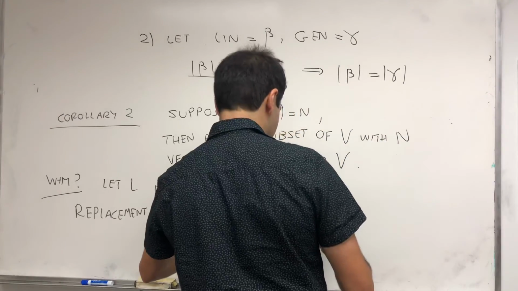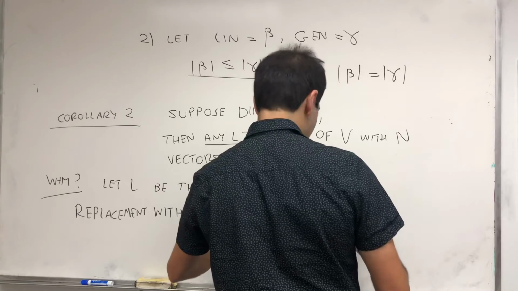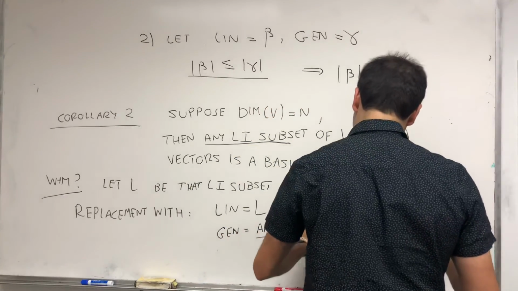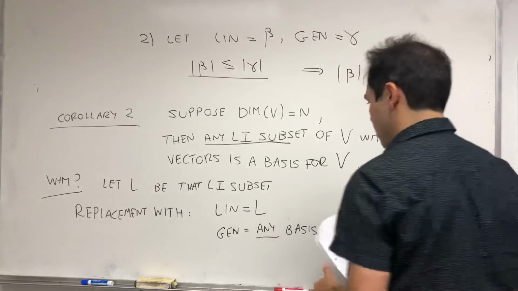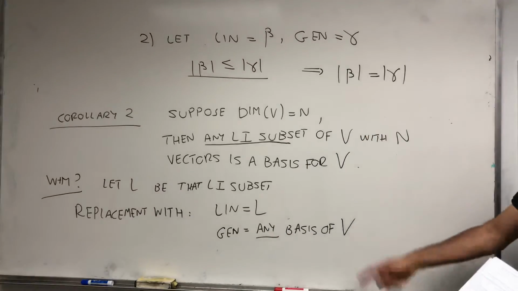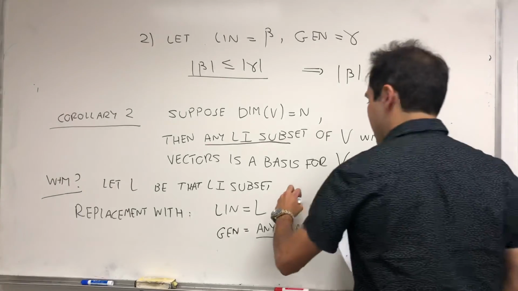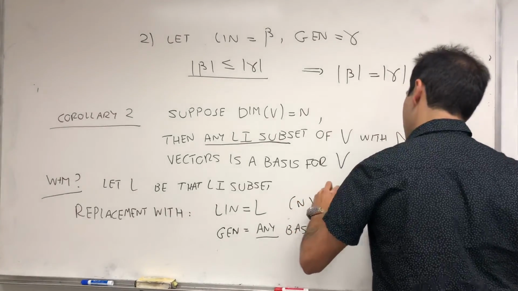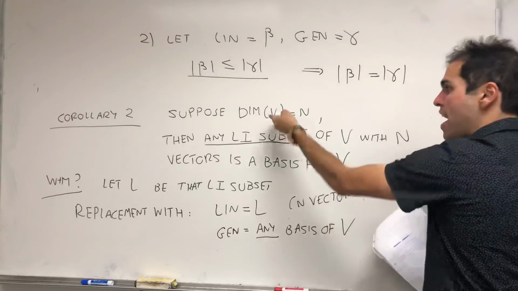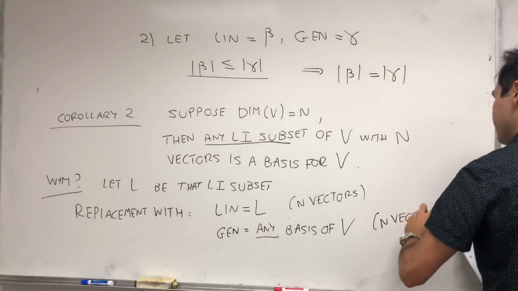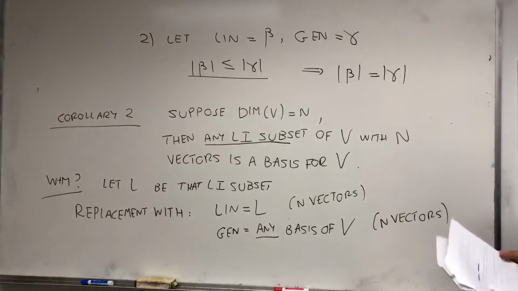So gen is any basis of V. Now question, how many elements do we have here? Well, L has n vectors. And any basis of V must also have n vectors. We've just shown this.